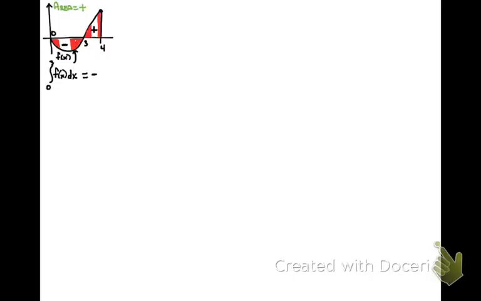It's related to the idea of change as opposed to area. But right now we're thinking about it in terms of area. If you were to integrate this function from 3 to 4, you will get a positive value. And the reason you'll get a positive value is because it is above the x-axis.